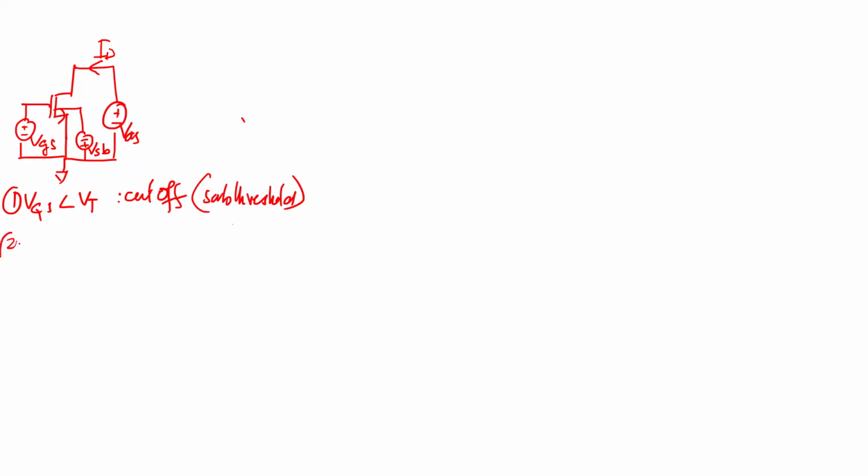And then second is if VGS is greater than VT and VDS is really small, then you're in what's called the linear resistor region.